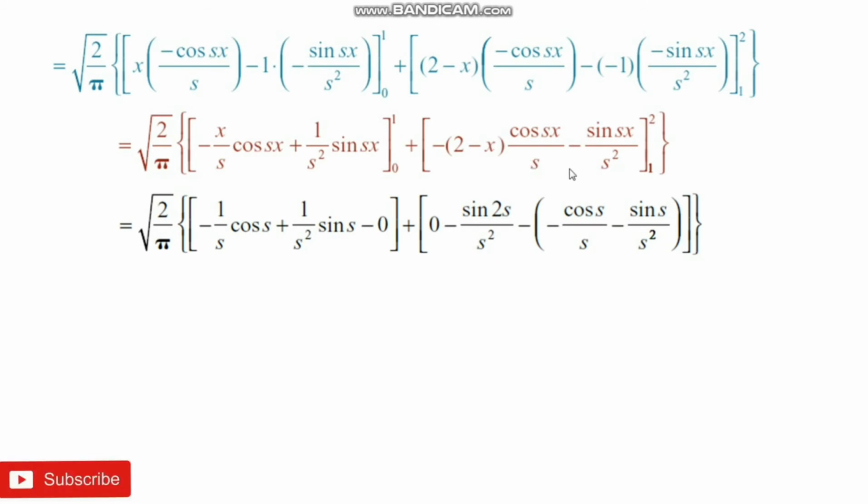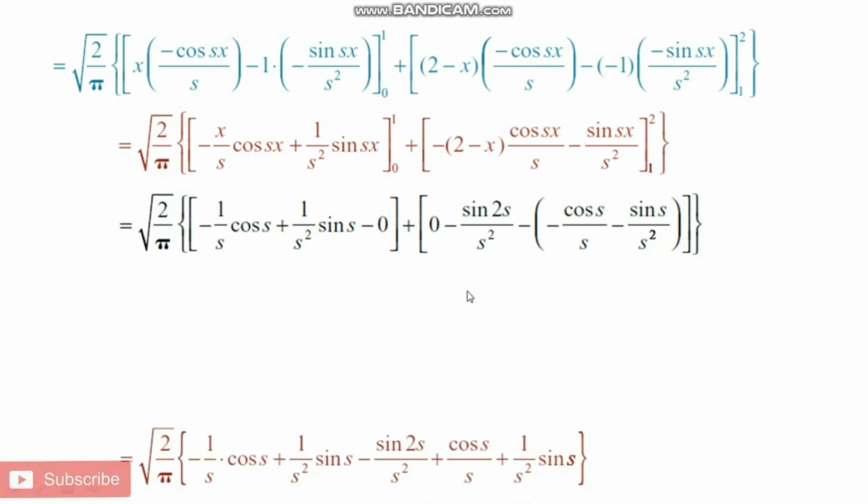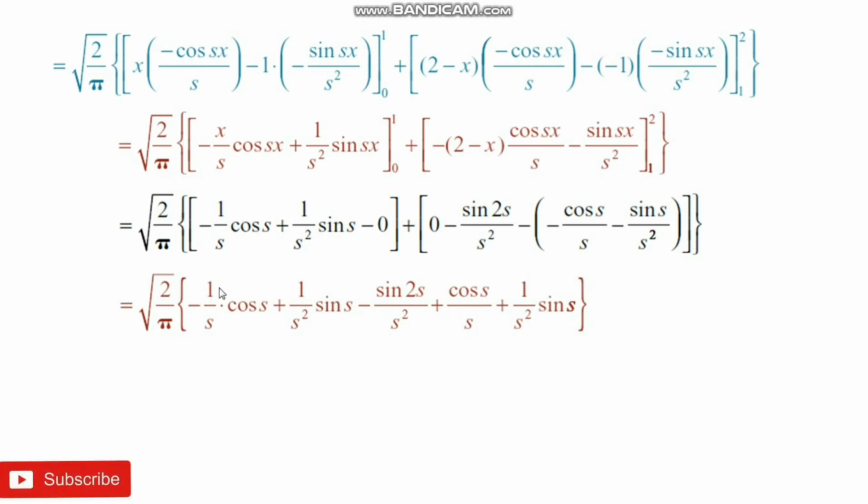The lower limit result will be, when x is replaced with 1, negative cosine s by s, minus, when x is replaced with 1, sine s by s square. Square root 2 by pi: the first term, the second term, the third term, negative of negative positive, and this fourth term, negative of negative positive, and we have the fifth term.